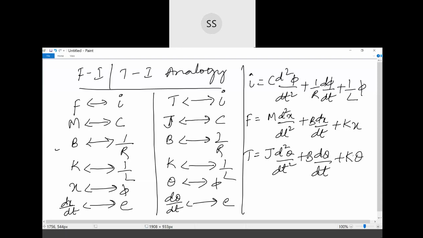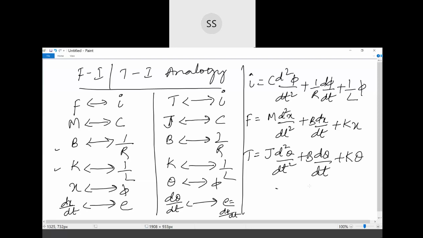Similarly, the springs are analogous to 1 by L, see here k is analogous to 1 by L. Other than that, x and theta are analogous to phi, and dx by dt, d theta by dt are analogous to d phi by dt, which is nothing but e, because e is equal to d phi by dt. That's why they are analogous.